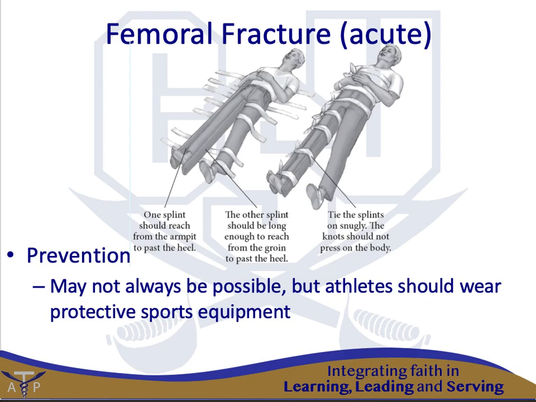And the other splint should be long enough to reach from the groin and past the heel as well. And then we're going to wrap tape or some sort of cloth around to keep that splint in place. So we can do this, or we can use the opposing body part as a splint as well. So in this picture, we can use the left side of the body to splint that right side fracture.